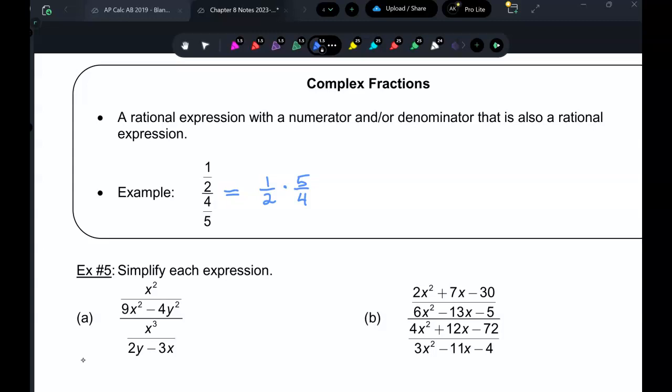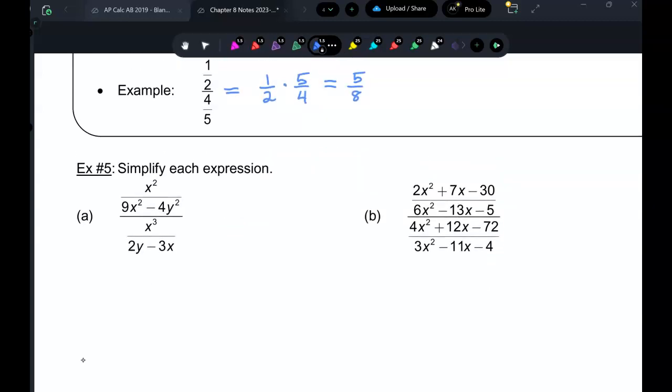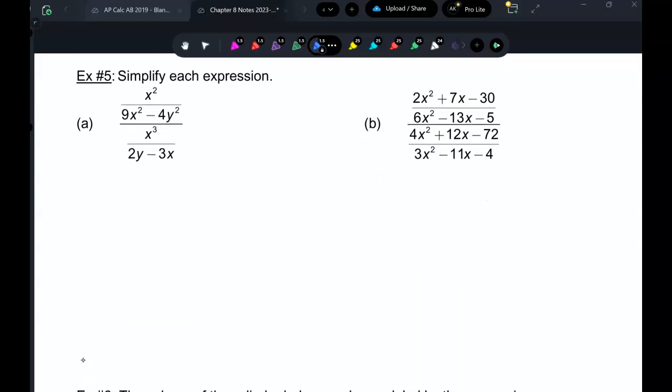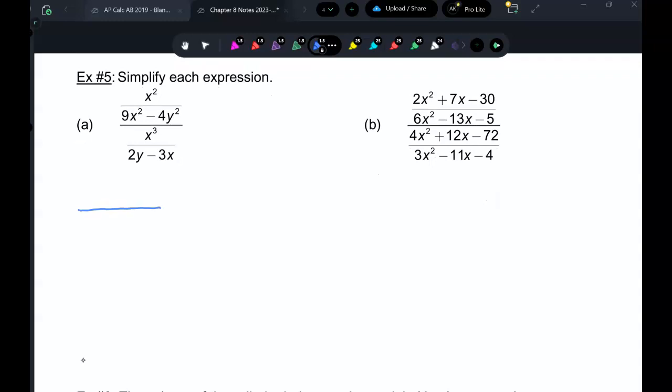So we keep 1/2 multiplied by 5/4. So we flip the bottom one. So it's just going to be 5/8. Right? That's all you have to do.